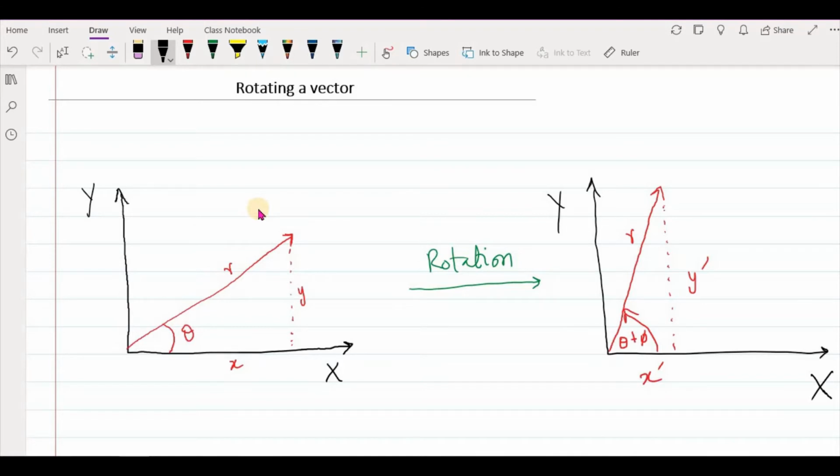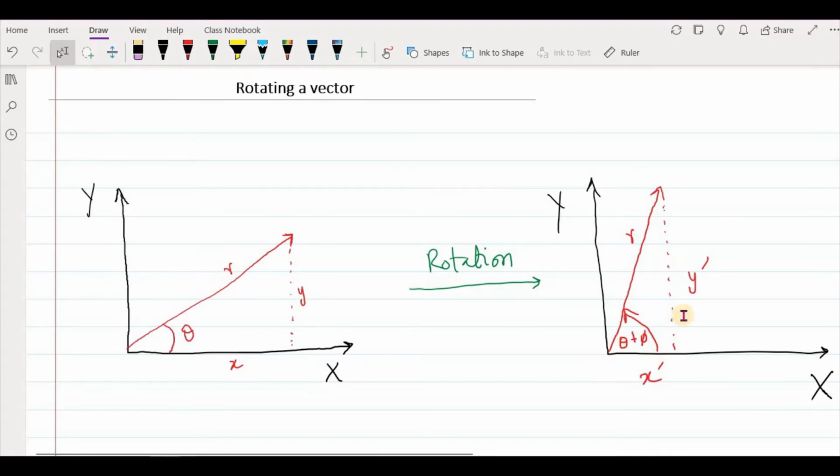Okay, so what we did, we took a vector r and then we rotated it with an angle phi, and we get this new rotated vector with the new coordinates x dash and y dash.